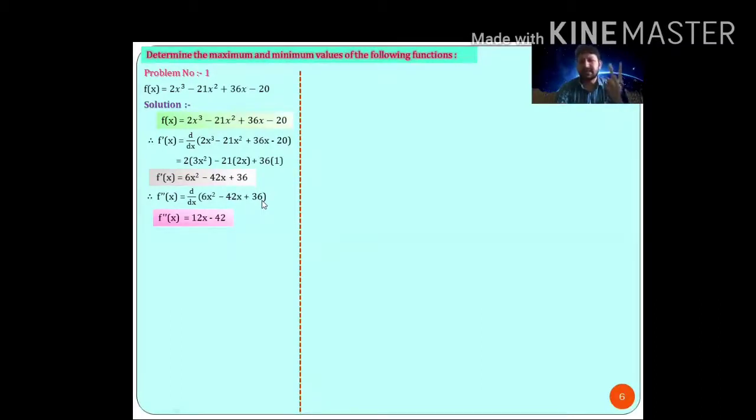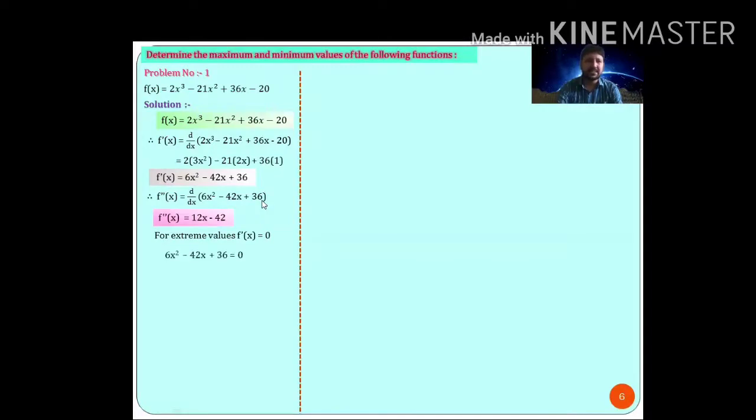Step number 2. For extreme values, that is the value of x where there is a maxima or minima, we equate the first derivative to 0. So for extreme values f'(x) = 0.